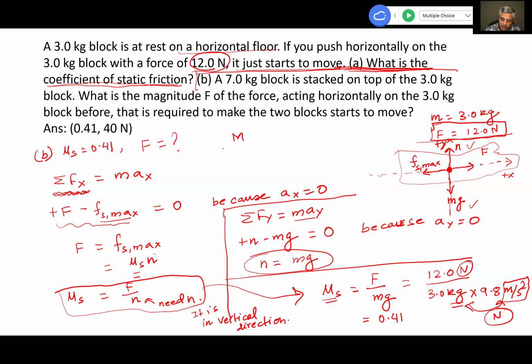So let's say both masses, m1 plus m2, okay? And we know one is 7, another one is 3. So 10 kilograms. So let's write it this way so that we're not making it just one sig fig. We know we have just two sig fig here, so we can write something like that for the mass.